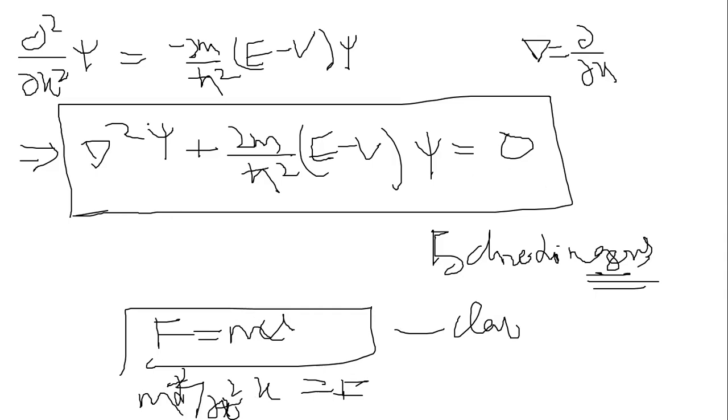Similarly, in quantum mechanics, in the Schrodinger equation, when we have the value of psi, the wave function of a particle in a system, we can put the value of psi. Since del is del by del x, it is del square psi plus 2m by h cross square into E minus V psi equal to 0.